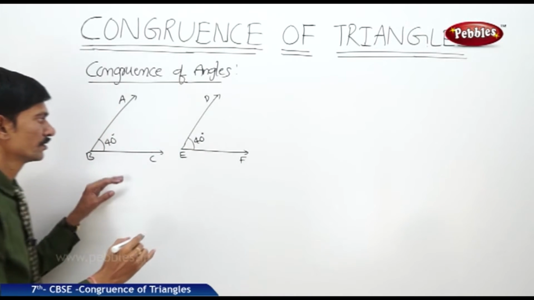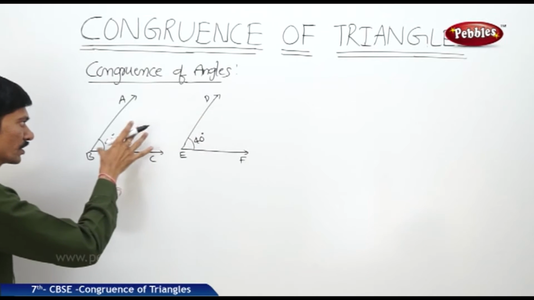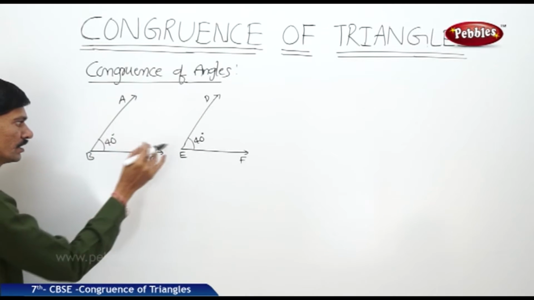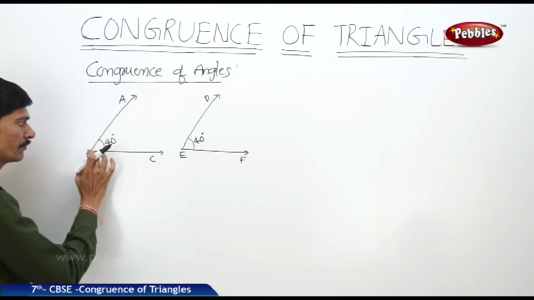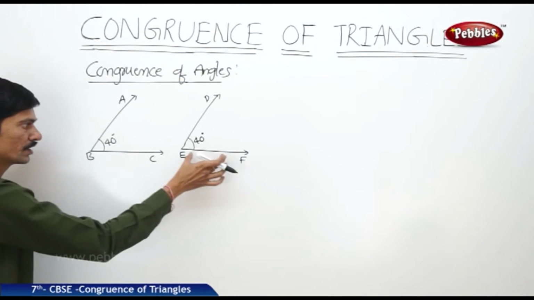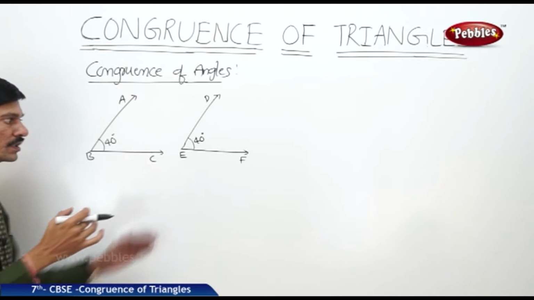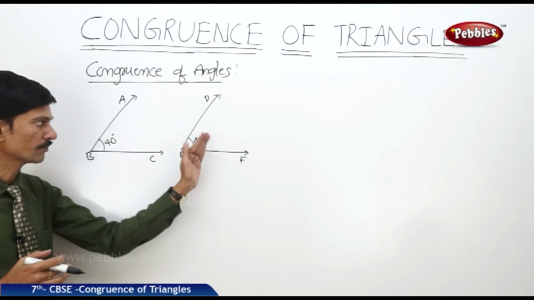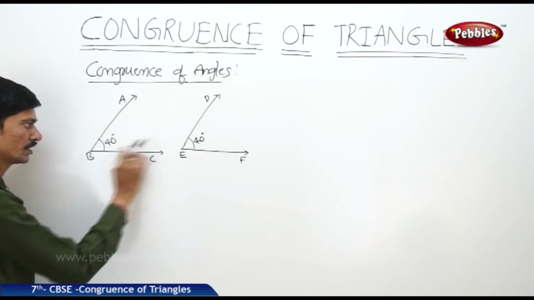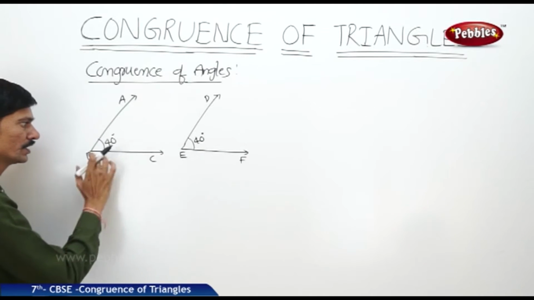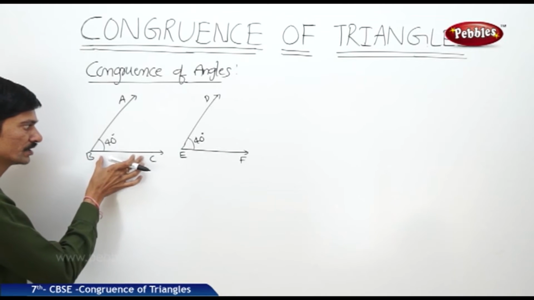Now we take the trace copy of the second angle and place it over the first angle ABC, so that the two vertices E and B coincide with each other, and EF falls exactly on BC.